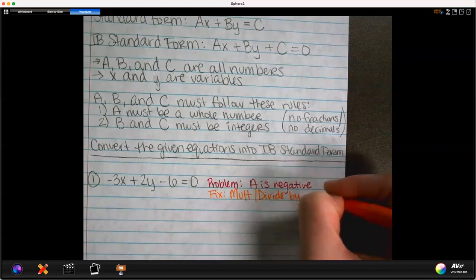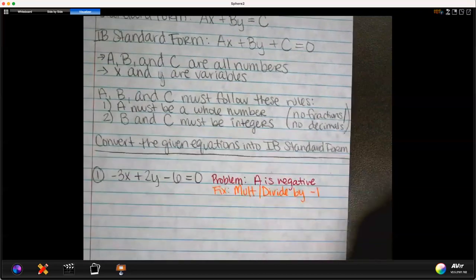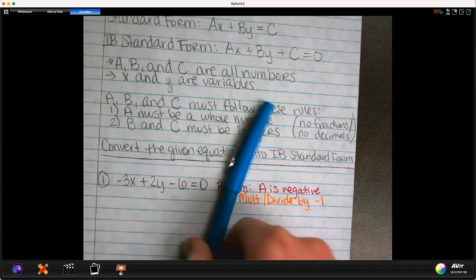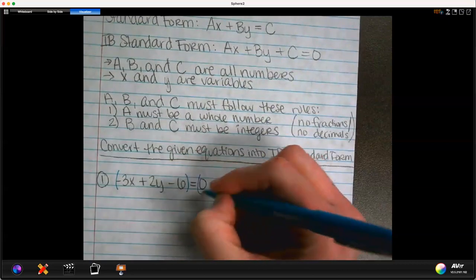If you multiply by -1 or divide by -1, it'll do the same thing. Some people just have a preference. So my problem was that A is negative. My way to fix it is to multiply by -1 or divide by -1. If you do something to one side, you have to do it to the other side. You can't just do it to the only thing. So if you multiply one side, you must multiply the other side.